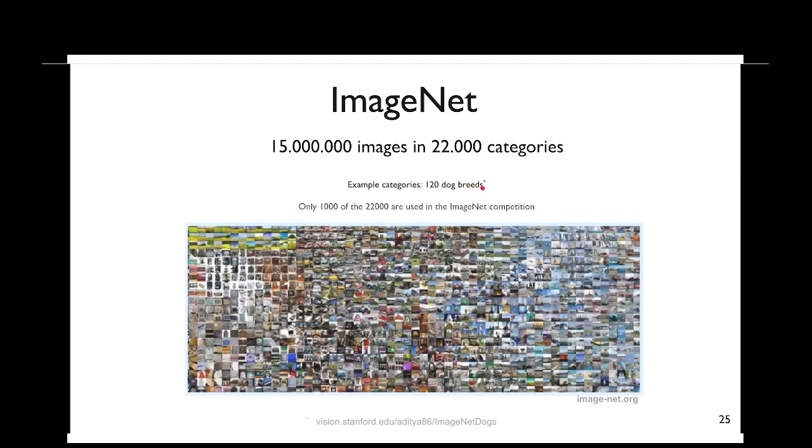And I bet even if you're a dog lover, you probably just are able to name a handful of dog breeds. So that illustrates the vastness of 22,000. And that also led the authors to make the competition on ImageNet a little bit simpler, in that the goal was to successfully predict 1,000 of the more high-level categories of the images.